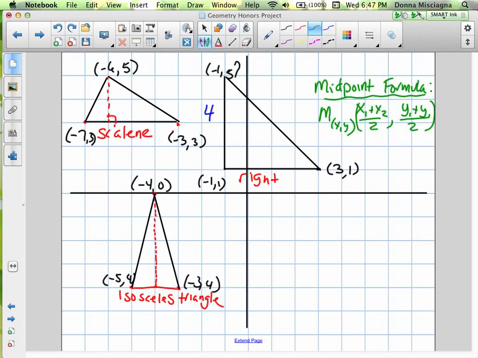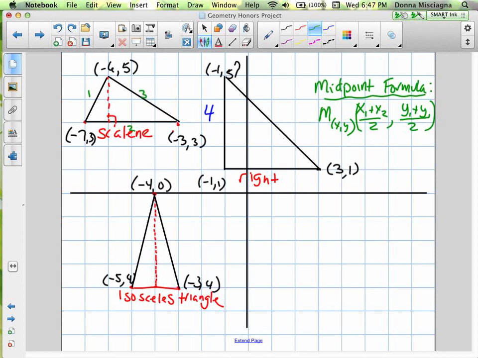So if you want to find the midpoint for the side that connects the points -6, 5 and -7, 3, for instance, then you would add -6 plus -7 divided by 2 and add 5 and 3 and divide by 2. All right, that's all there is to it. So here, I'll just call this side 1, 2, and 3.